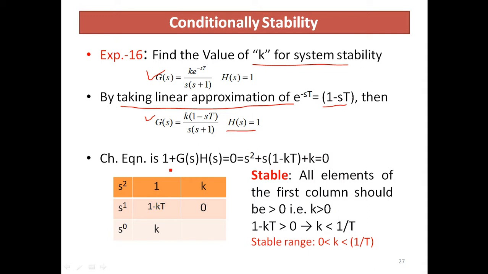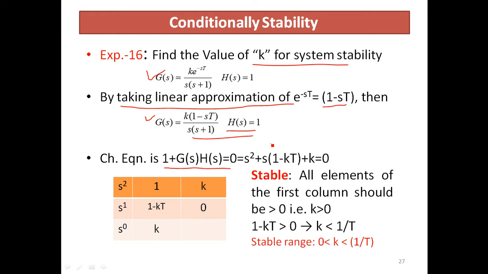Now, the first step is to evaluate the characteristic equation for applying the Routh-Hurwitz criterion. Therefore, the characteristic equation is given by 1 plus G(s)H(s) equal to 0, where it would be s square plus s times (1 minus kt) plus k equal to 0.